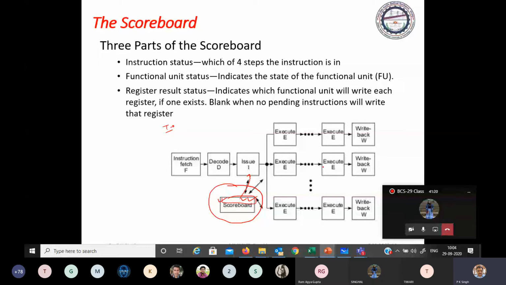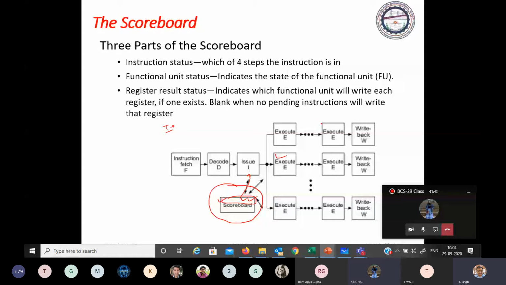Okay, so we maintain the scoreboard, and suppose this execution unit is doing the execution of the instruction and produces a result. This result is needed by another instruction, suppose the case of interlock.